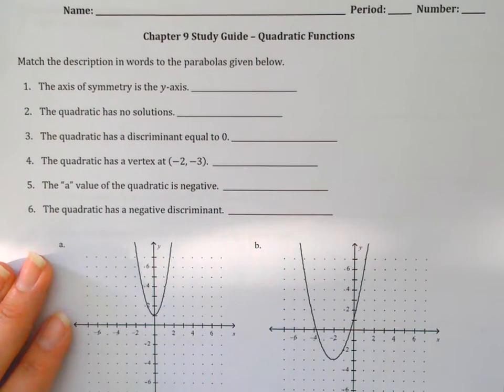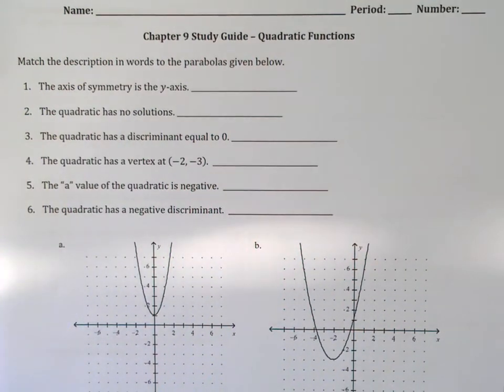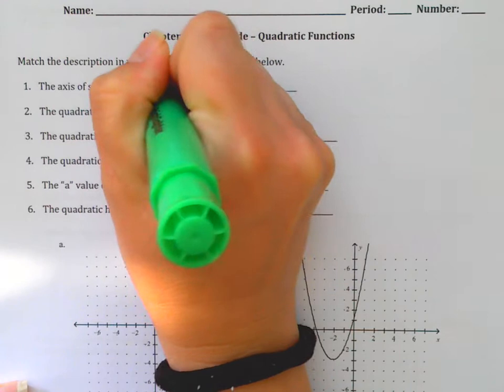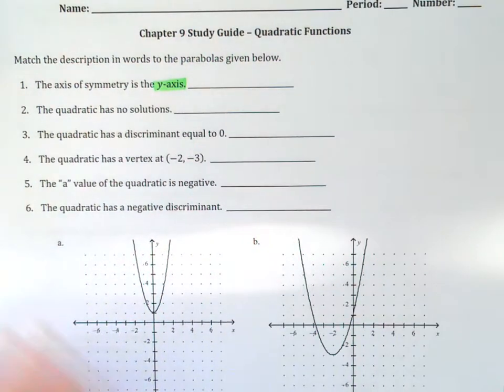It says the axis of symmetry is the y-axis. So if you guys remember, the axis of symmetry is the line that cuts the parabola directly in half. And if it's the y-axis, the axis of symmetry is this line.